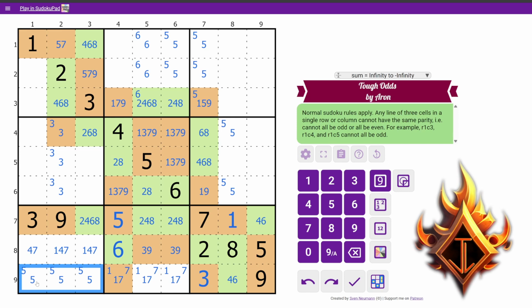And one even. One odd, one even. All the odds are marked. 1, 3, 5, 7, 9. Wait a minute, what? There are 2 more evens down here.